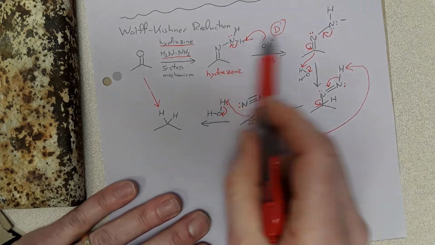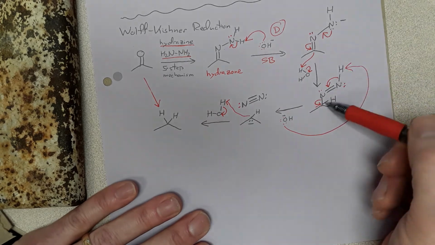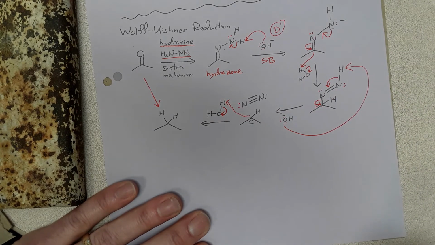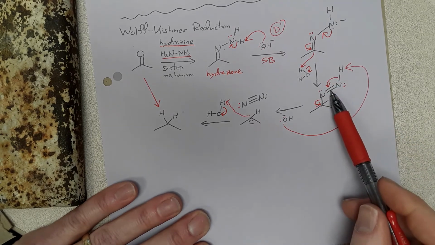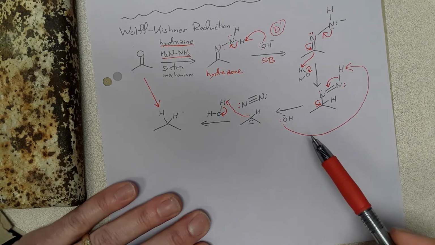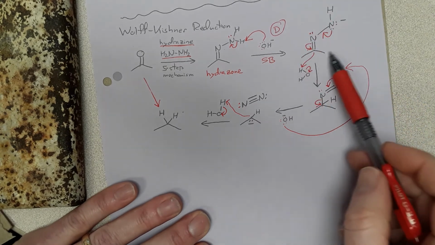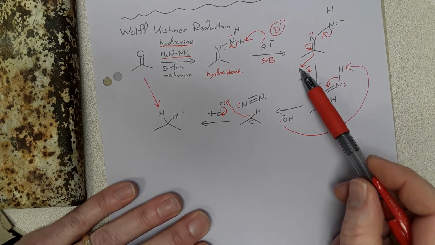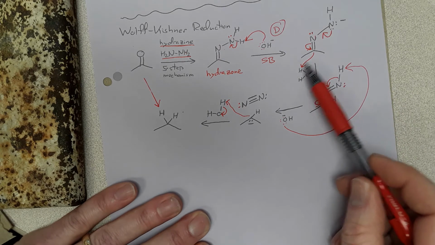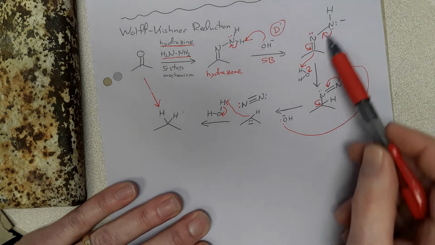And so we said this first step was deprotonation. What has happened in this second step? We started out with 1 pi bond, we ended up with 1 pi bond. What have we done? Well, all we've done is pull H plus off of water and dump it onto this species right here.